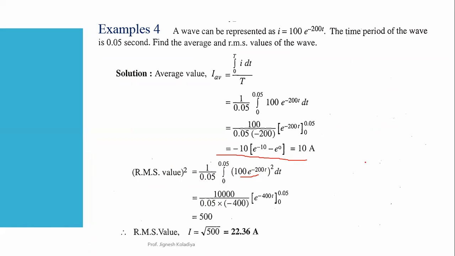Then integration of e raised to minus 400 into t gives e raised to minus 400 into t divided by minus 400. After simplification you will get 500, but this is the square.